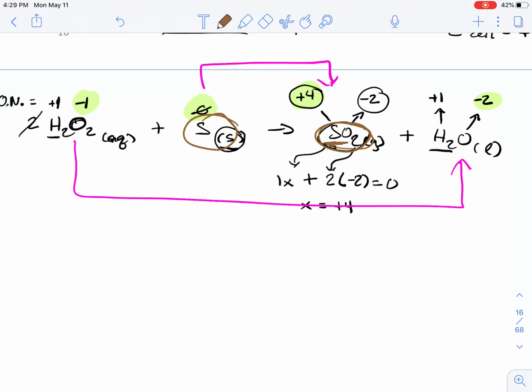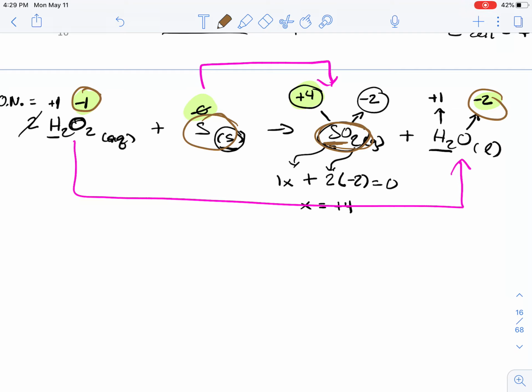All right, now that we have compared these oxidation numbers, we're going to see what was oxidized and what was reduced. If you look, -1 goes down to -2, so my number is decreasing.